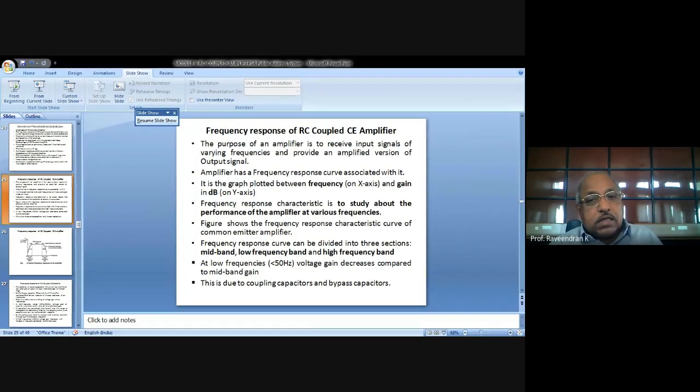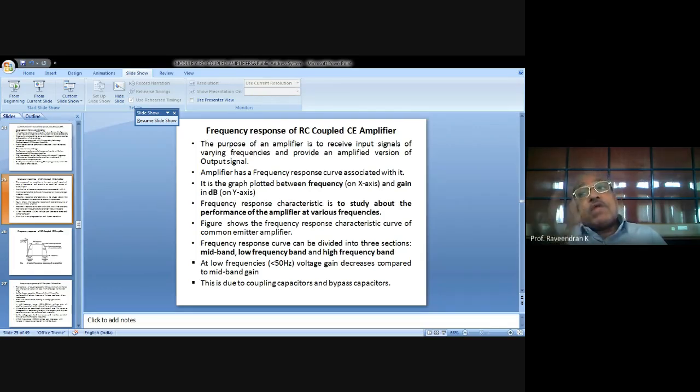Inter-electrode capacitance. And where does this inter-electrode capacitance arise? It arises at the emitter base junction, the collector base junction, and the emitter to collector junction. All these three junctions have very small capacitance that can usually be neglected for low frequencies.